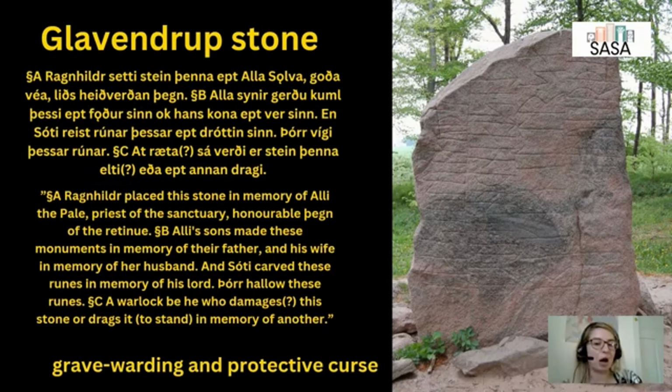So something like an outcast. If you want a more general term, that would be an outcast. So again, you can interpret this as a grave warding type of curse, like the Ega inscription and many others. And because we have Thor also invoked here, definitely the protective role was enforced.